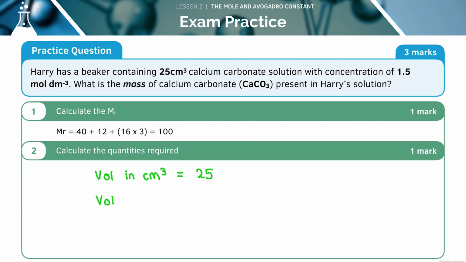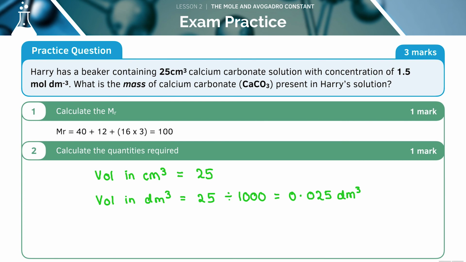So to do this, we want to find the volume in decimetres cubed. So this would be 25 divided by 1000. This gives us a value of 0.025 decimetres cubed.